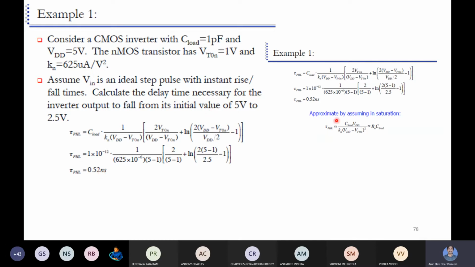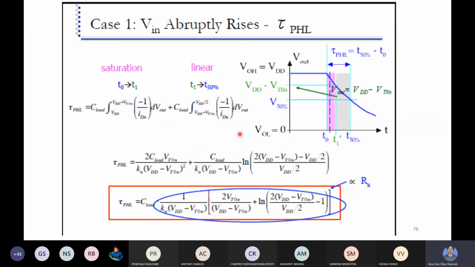This calculation can also be done by a very approximate model. This result comes from the big formula, but an approximation can be made. We derived this equation by assuming the transistor is in saturation from T0 to T1, and then in the linear region from T1 to T50.